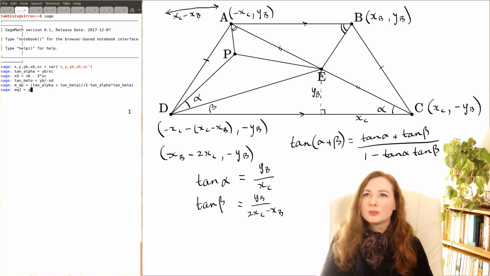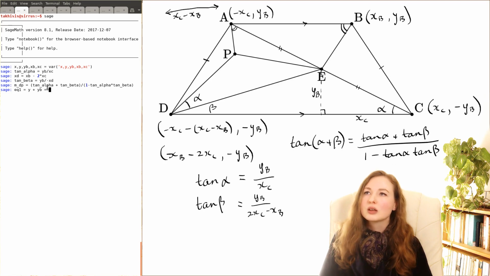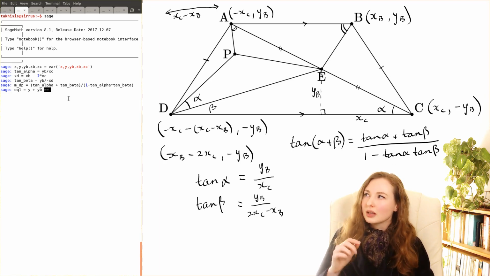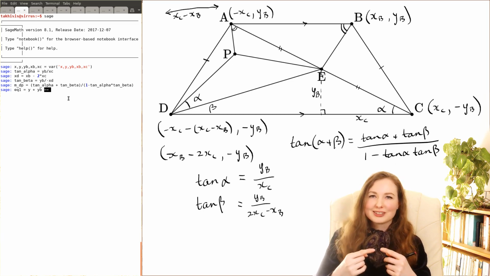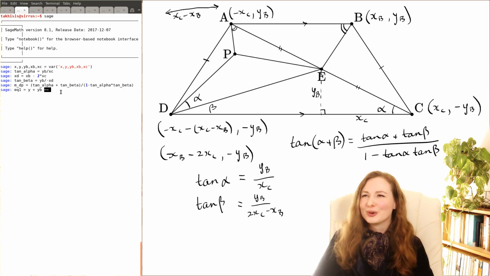So y minus this y coordinate, so that's going to be y plus yb equals, we have to use a double equals sign. The difference between these is that this one is assigning whatever's over here to equation 1, whereas this one isn't an assignment, it's stating a fact, stating an equation, not defining a variable.